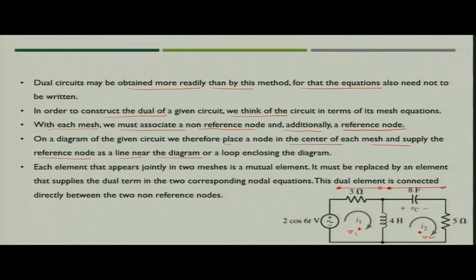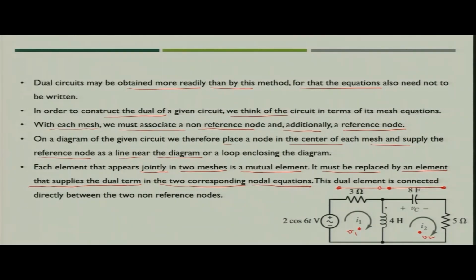You can represent the reference in any form, like a long line having nodes at the same potential. Now, each element that appears jointly in two meshes is a mutual element.